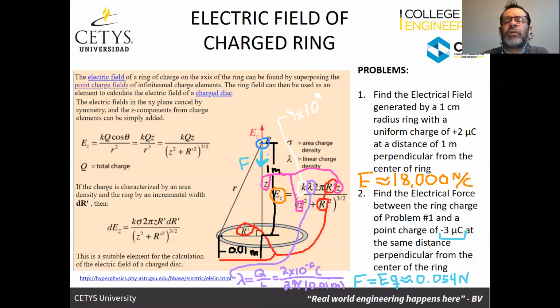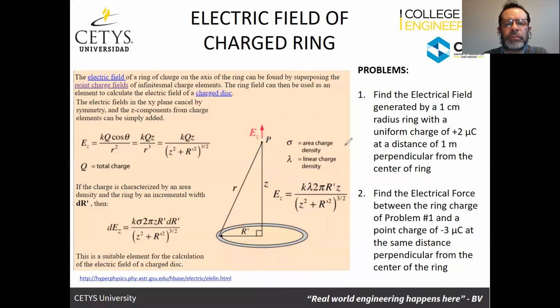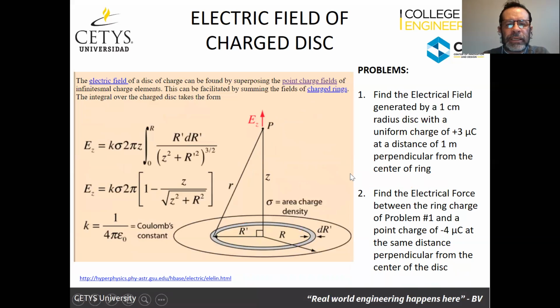Okie dokie. I just took a screenshot of this, so we're going to move on to the next one. I'm going to clear this in 3, 2, 1. Boom. Before we go to break, let's set up this. Now we have a disk of charge. The difference here is that we have a planar surface that has a certain uniform charge in it.